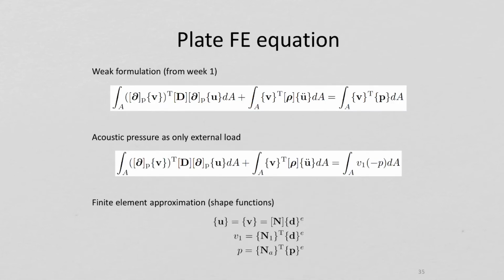So looking at the finite element equations now, we see that on the right-hand side where we have the load, now instead of this being just a general pressure load, this is actually specifically the pressure of our acoustic medium that is close to, or that is actually residing on the plate. And we do the same as before. We insert the finite element approximations.